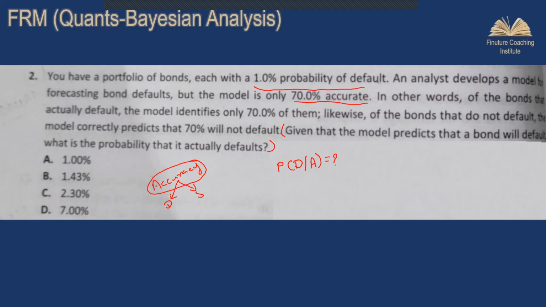Say for example, the analyst predicts 100 times that the bond will default. Out of 100, there will be only 70 instances wherein the bond will default. Similarly, if the analyst uses the model and says that it will survive 100 times, it will survive on average 70% of the time. So this is the meaning of the accuracy of the model.